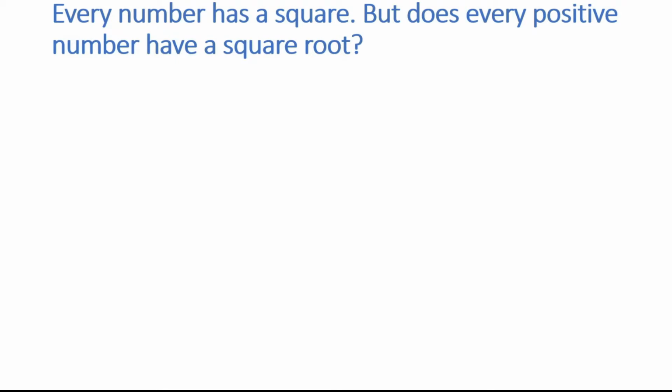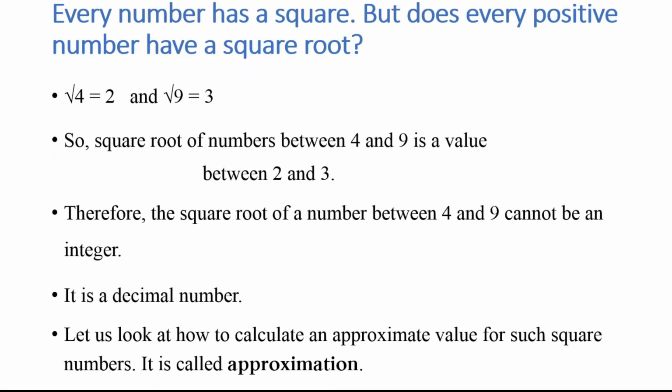Now we know that every number has a square, but does every positive number have a square root? Let us see. Let us consider the number 4 and number 9. According to the previous table, we know that the square root of 4 is 2 and the square root of 9 is 3.